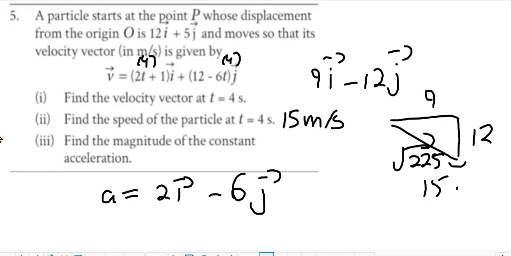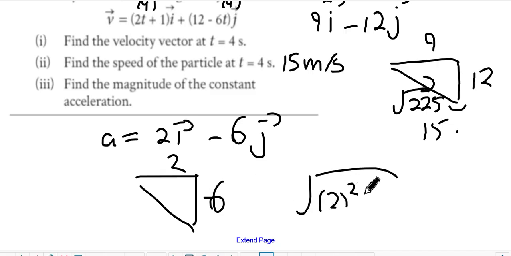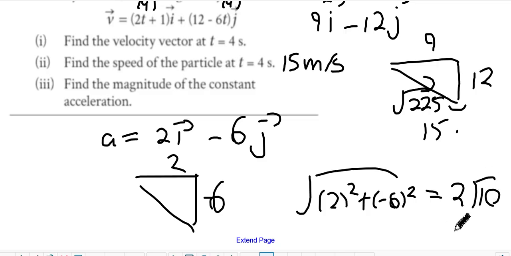Now, it wants the magnitude, so that's going to be 2 across and 6 down. Using Pythagoras' theorem you get the square root of 2 squared plus minus 6 squared, which is root 40, so 2 root 10. Yeah, 2 root 10 meters per second squared.